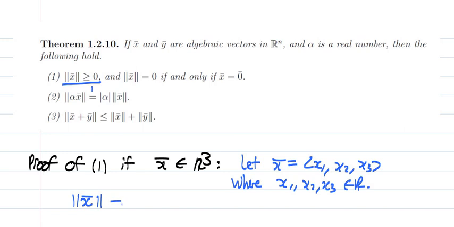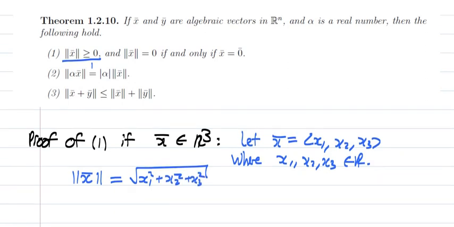So then the norm of x, by definition, that is the square root of x1 squared plus x2 squared plus x3 squared, all right? And now we know that x1 squared is greater or equal to 0. We know that x2 squared is greater or equal to 0. So we know that x3 squared is greater or equal to 0.